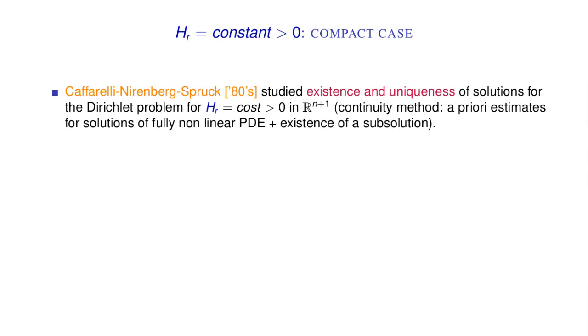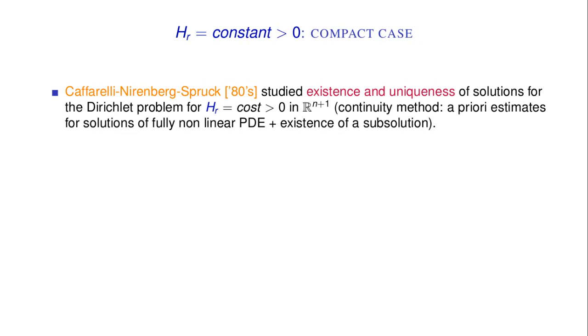And in order to study existence and uniqueness, they use the continuity method. So they need a priori estimates for a solution. And the important thing here is that, being a fully nonlinear equation, they could not use Schauder theory, the theory of Ladyzhenskaya, Uraltseva, and Schauder, that guarantees that if you have C^1 estimates, then you have C^{1,α} and then C^{2,α}. That is what you need to prove existence.